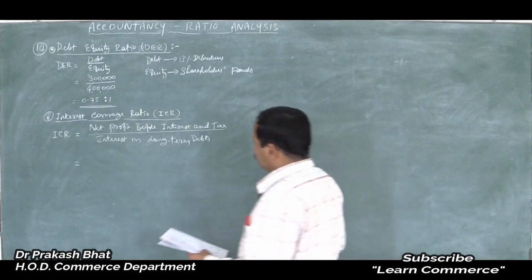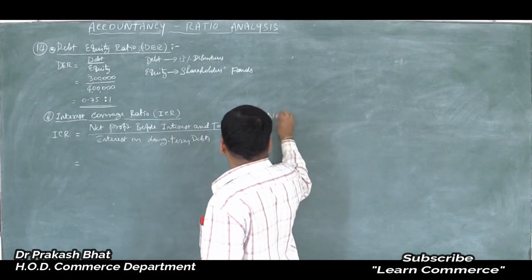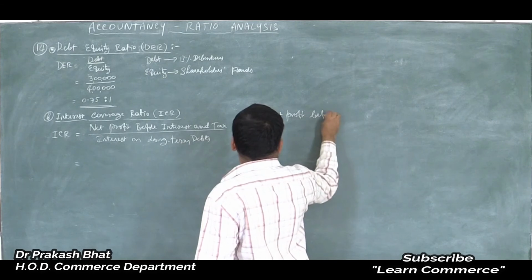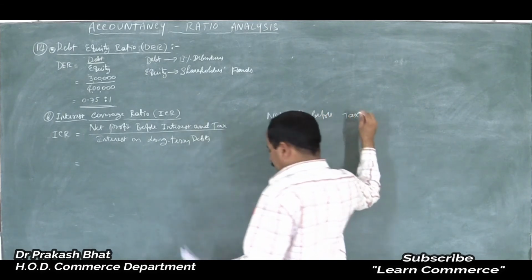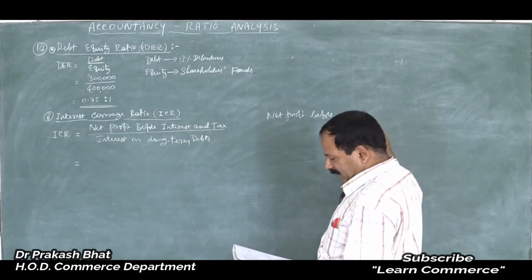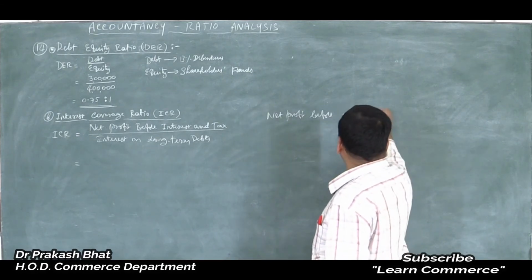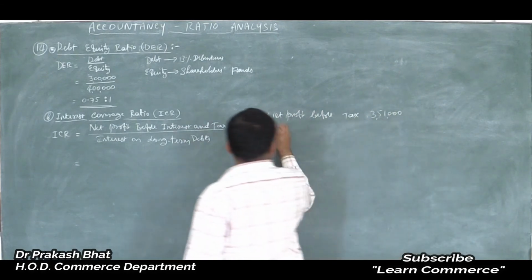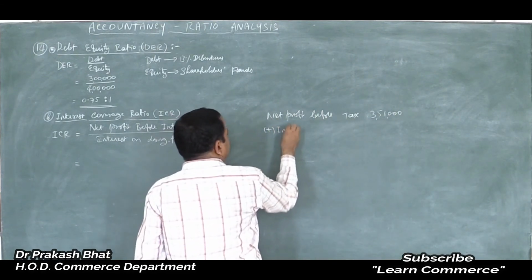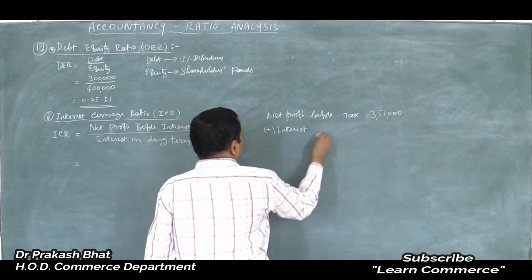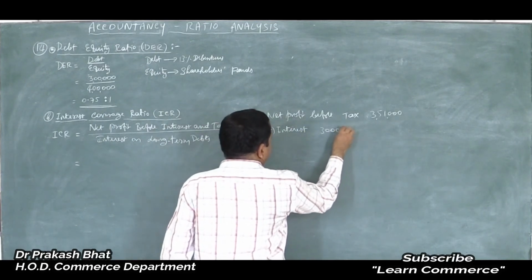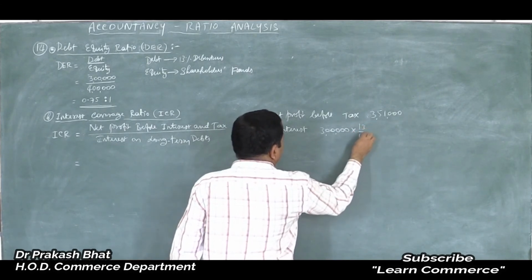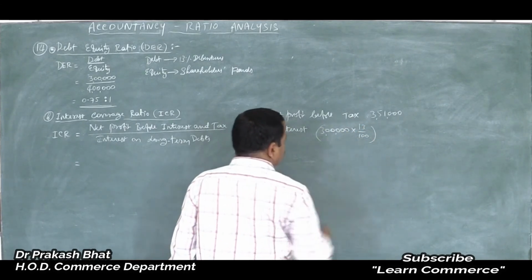So net profit before tax, how much? 3,51,000. Add interest. How much? 3 lakh, that is long term borrowings. 13% interest is given on debentures.